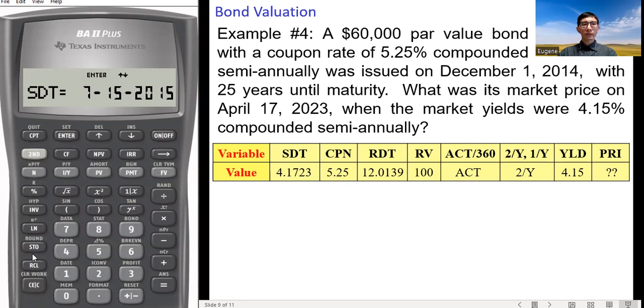Okay, get the bond worksheet from the calculator and we key in the variables. SDT 4.1723. And then CPN 5.25.